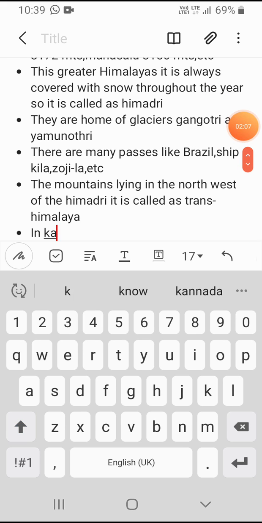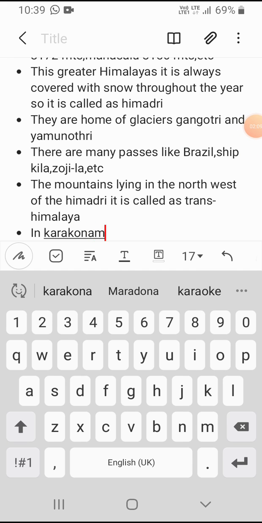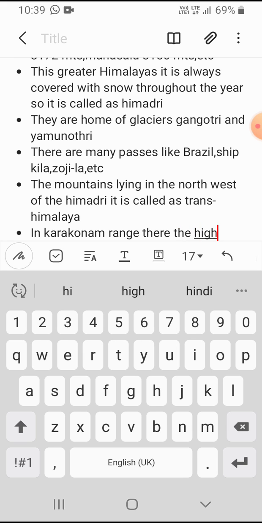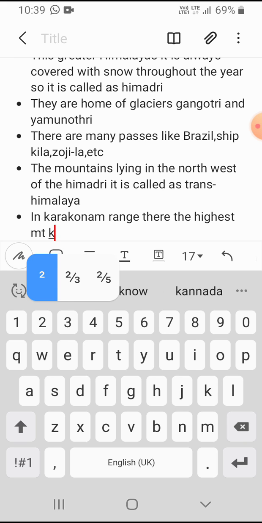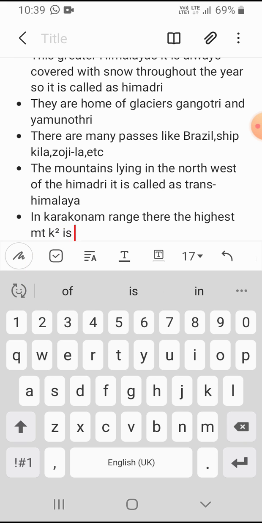In the Karakoram range, there the highest mountain K2 is located. It is the highest mountain of India.